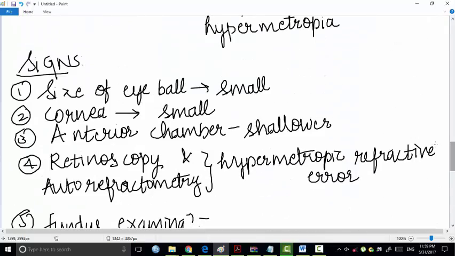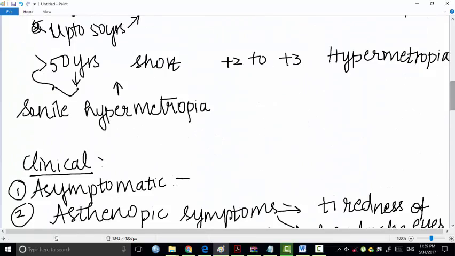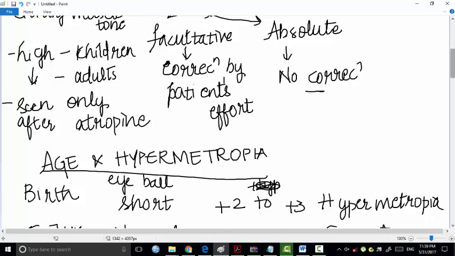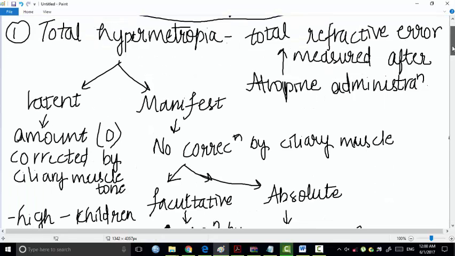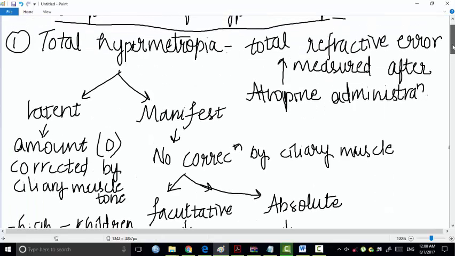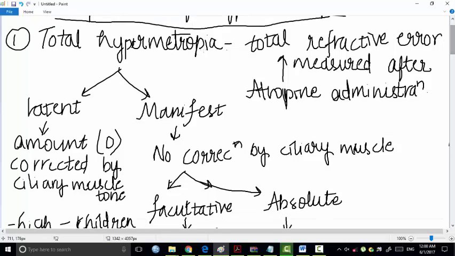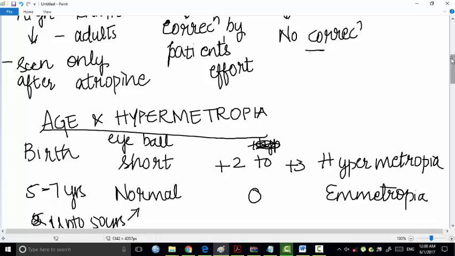In our previous class we have done about different types of hypermetropia, and now we have completed the components of hypermetropia, which are total hypermetropia, which is of two types: latent and manifest. Latent is the amount in diopters which is corrected by ciliary muscle, whereas manifest is not corrected, and it is again of facultative and absolute.